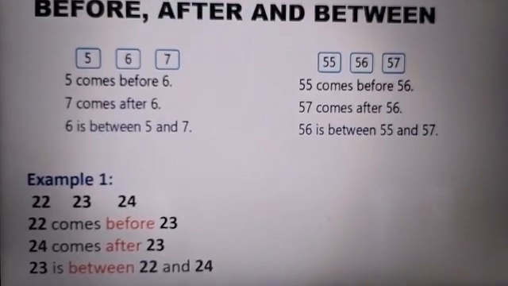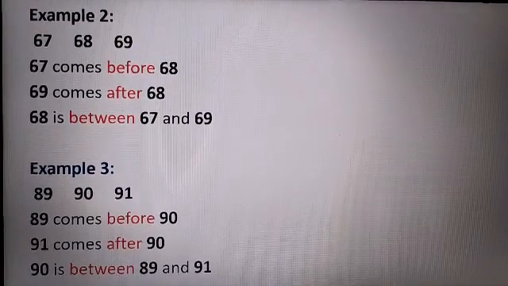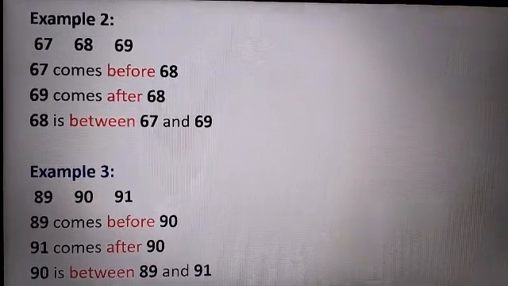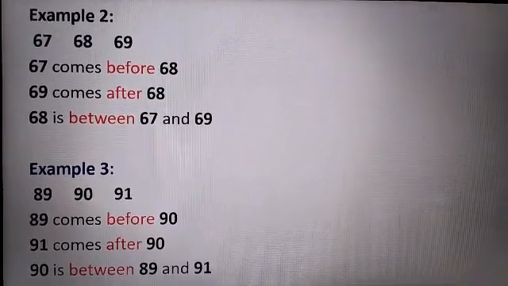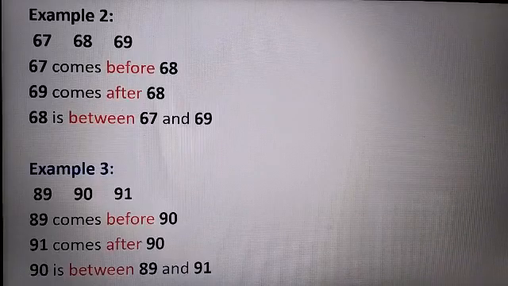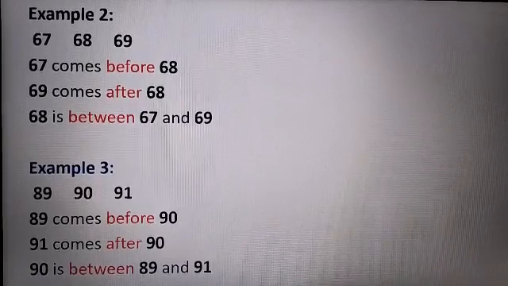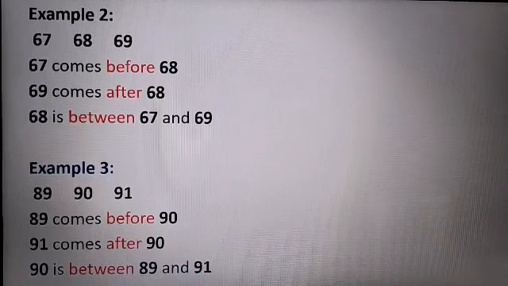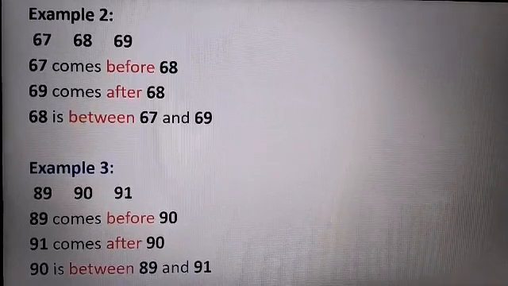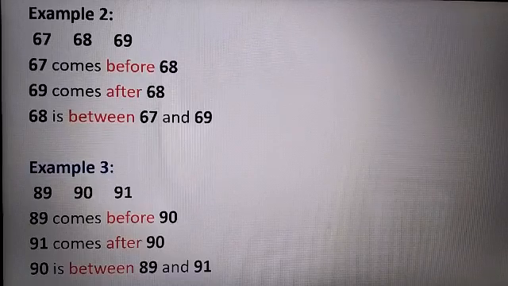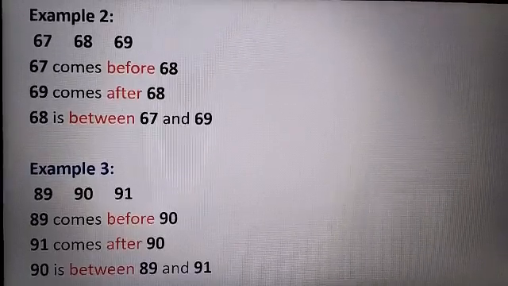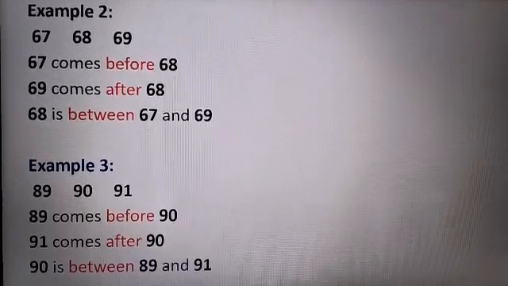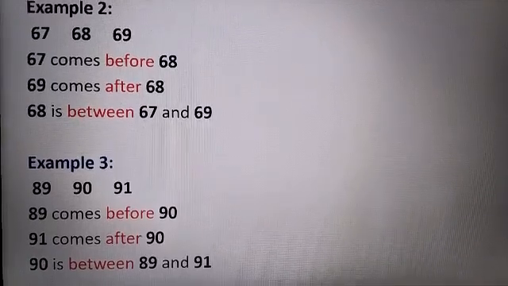Now moving to the next example. 67, 68, 69. Now 67 comes before 68. Very good. 69 comes after 68. Yes. And 68 comes in between 67 and 69. Excellent. Now the third example.